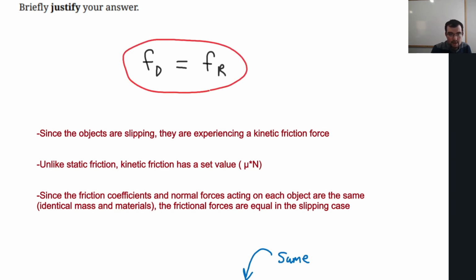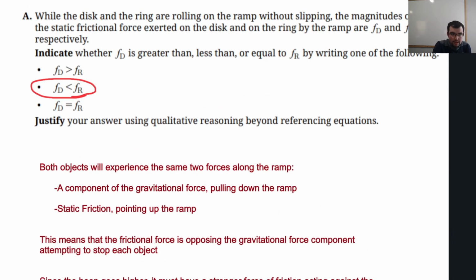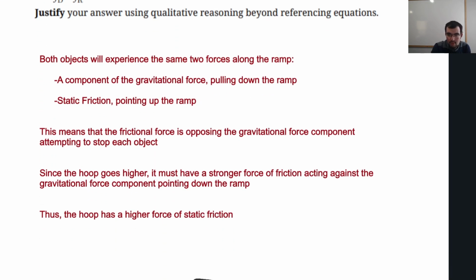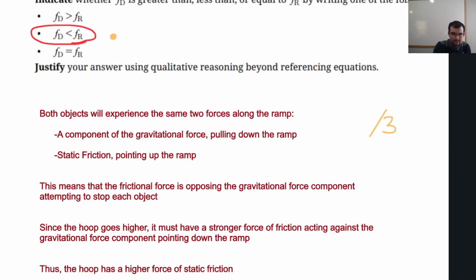All right, now for grading and my final thoughts. So, QQT, 1 point for a correct selection. So A is worth 3. Sometimes you aren't totally locked out of justification points if you pick the wrong thing.